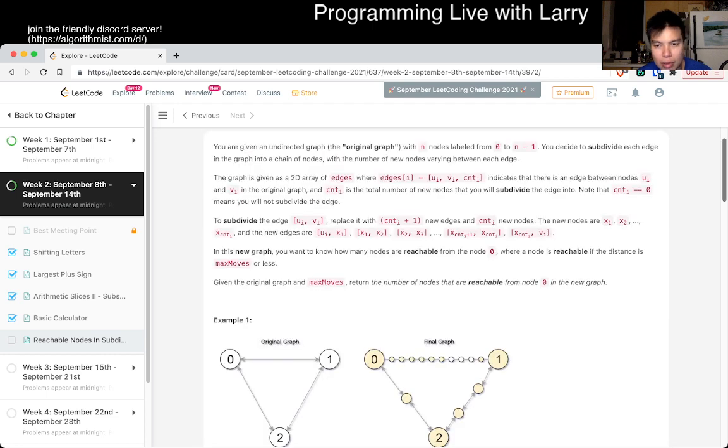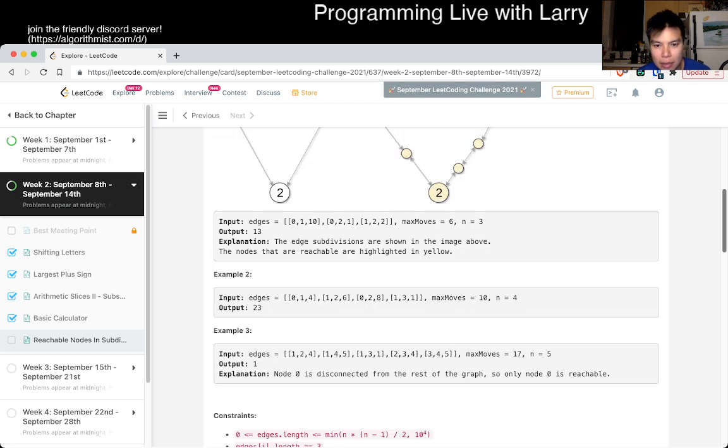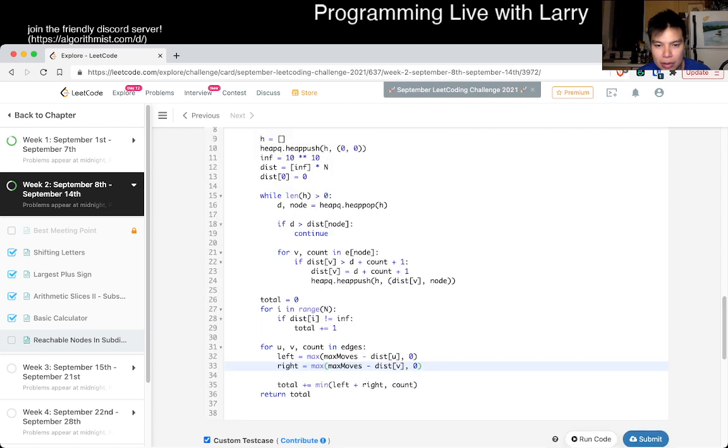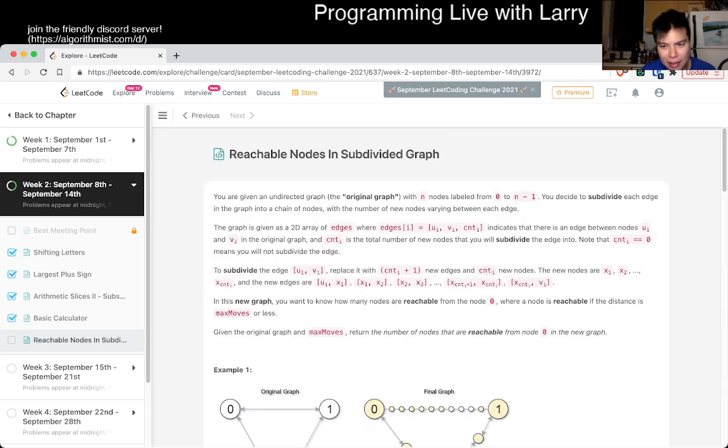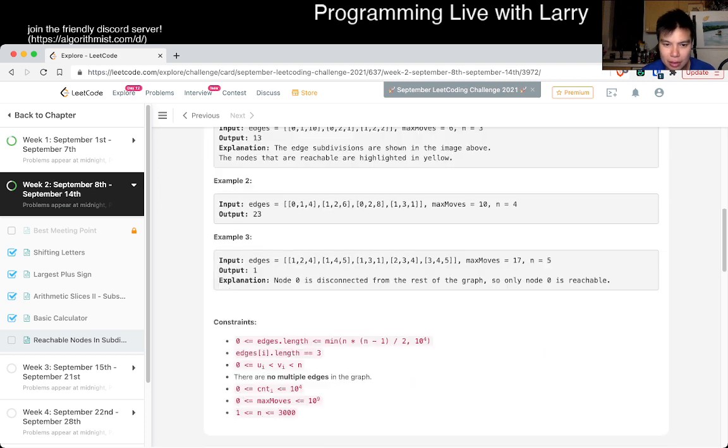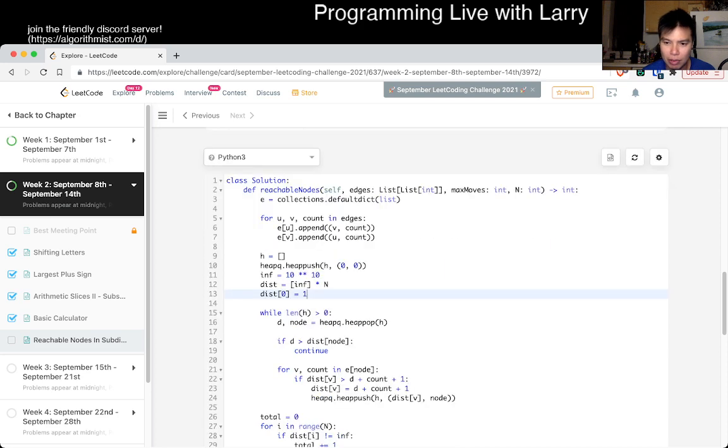So yeah, okay. Right now the path here, I think we need to, yeah, this distance is 1 because, wait, is it? Max moves though, right? Let's run it real quick. I don't think so though.